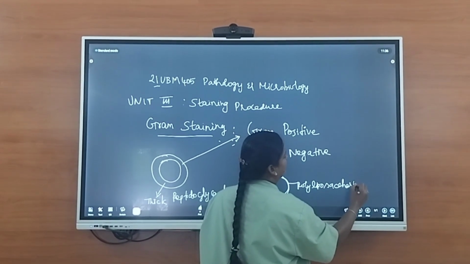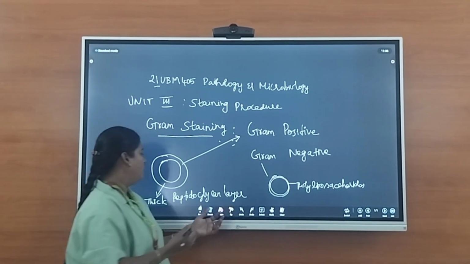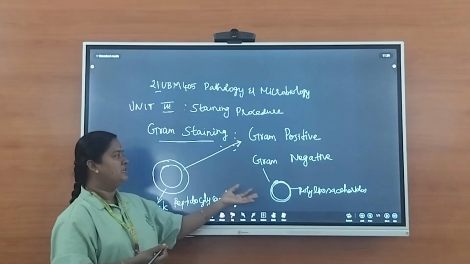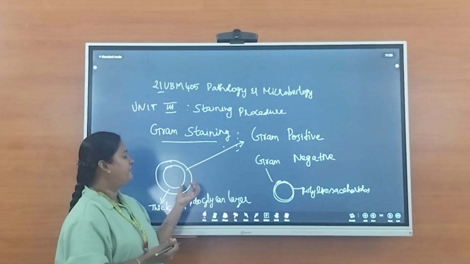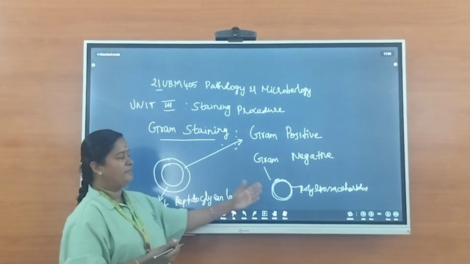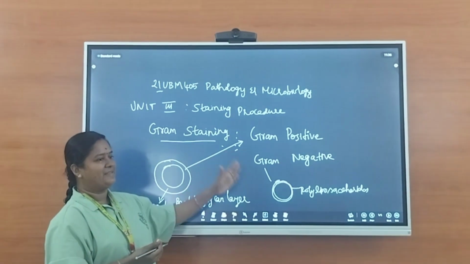Saccharides means it is a very thin layer only, so we don't have that much thick layer in some of the cells. So based on the cell characteristics, we differentiate gram-positive and gram-negative. This is the characteristic of the cells.